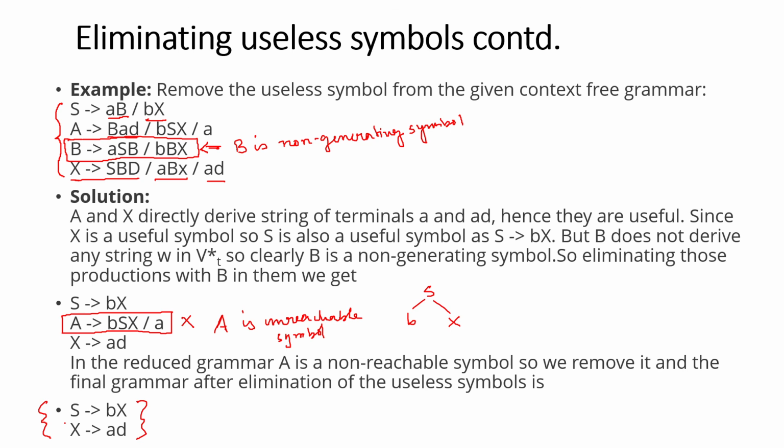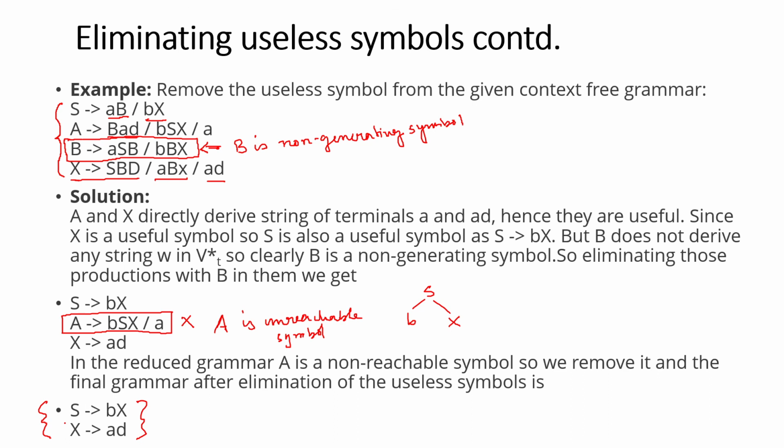Always remember one thing: removing the useless symbol or removing the epsilon production does not mean that you are changing the language. The language remains the same. After removing a particular symbol, it is not possible that some set of strings will not be able to derive. If it so happens, then you are wrong. You cannot touch the language that is generated by the grammar.